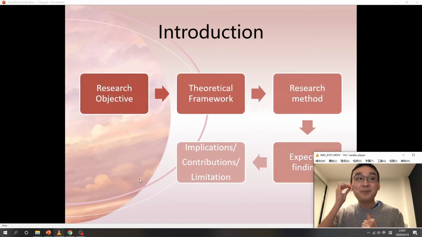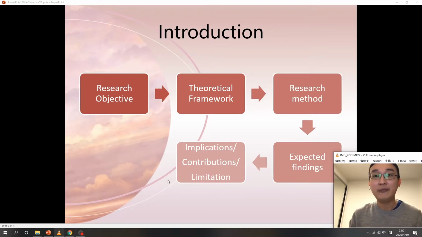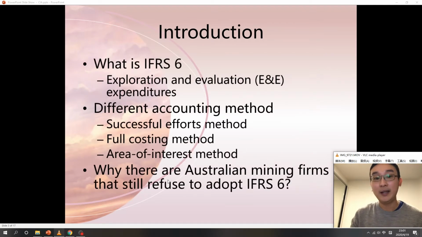So I'll start by giving you a bit of background. IFRS 6, exploration for and evaluation of mineral resources, was introduced in Australia in December 2004, and it heavily revolves around the recognition and the measurement of exploration and evaluation expenditure, which we will call E&E expenditure from here onwards.